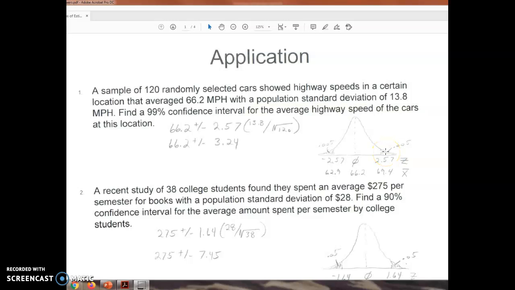So we can see that the z-score positive that's going to correspond to this particular confidence interval is going to be the probability of getting a value up to this point, which is going to be 0.995. Because think about it, the probability of getting a value from this left tail all the way up to here is 1 minus this. 1 minus 0.005 is 0.995.